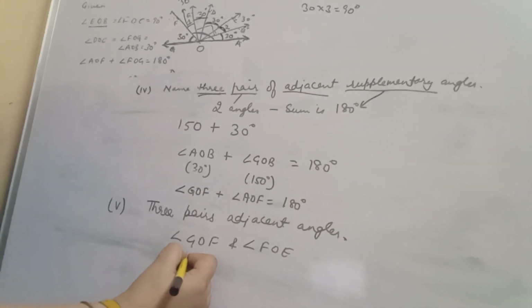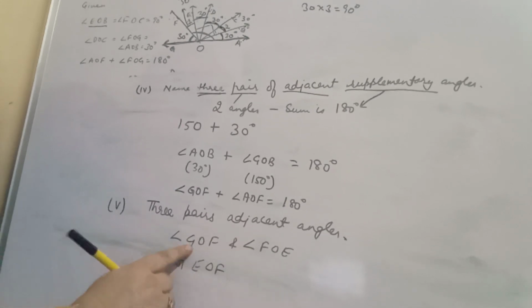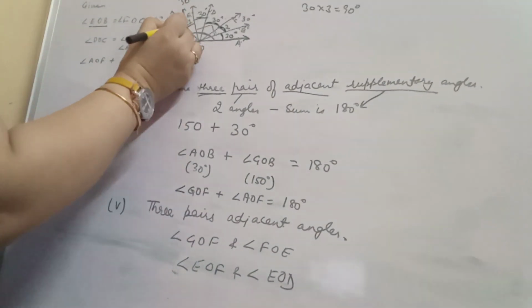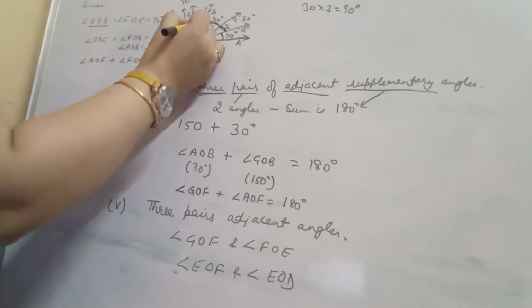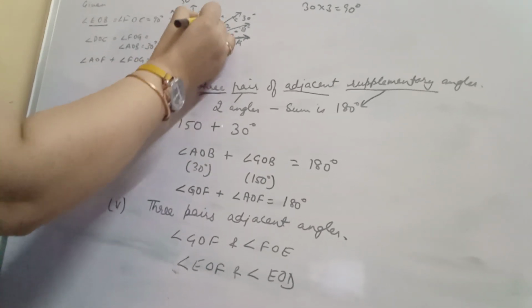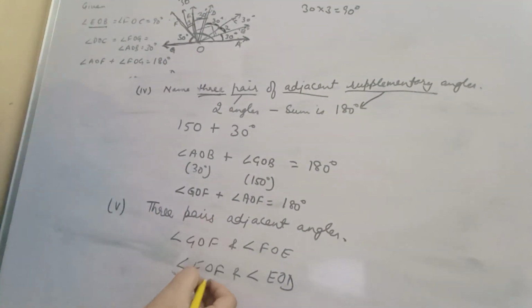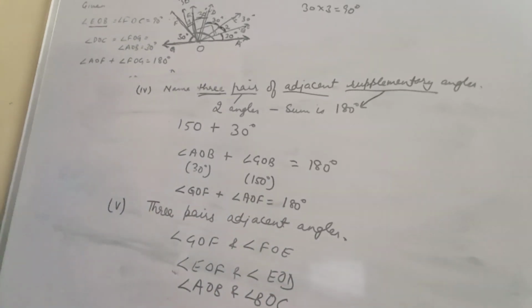Then you have angle EOF and angle EOD. From the figure, see here EOF and EOD. So these are also adjacent angles. And then I can take this one AOB and angle BOC is adjacent.